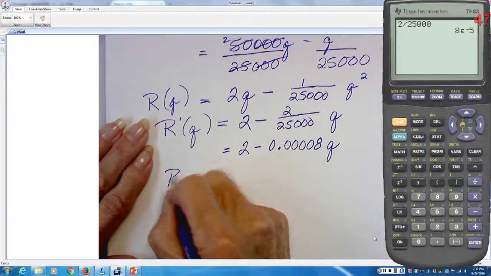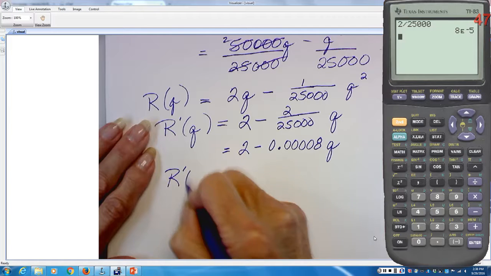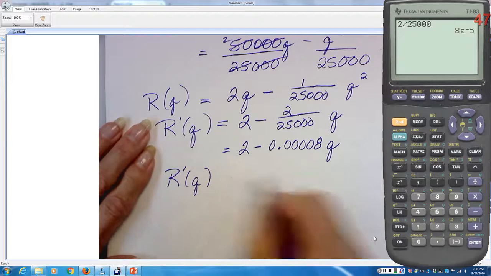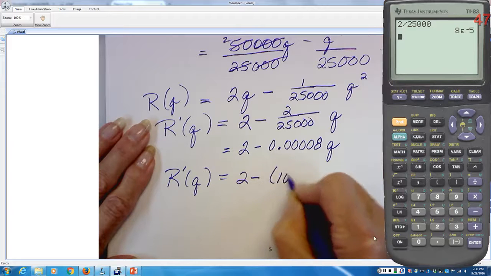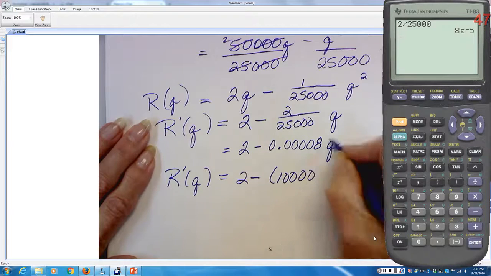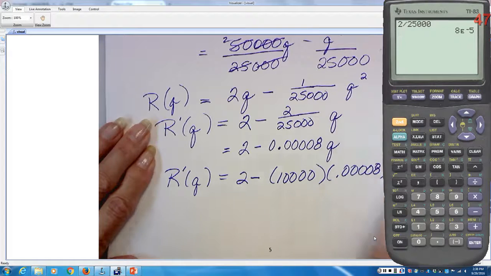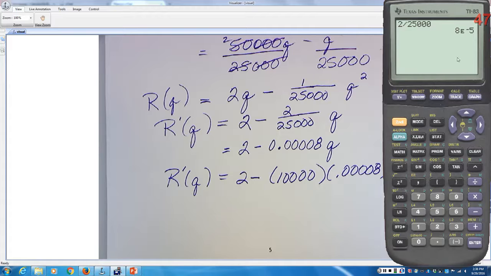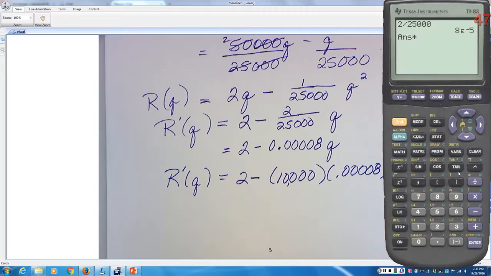So the marginal revenue is 2 minus 10,000, which is the value of Q, times 0.00008. And since I've already got that in my calculator, I'll just multiply that times 10,000. Make sure it is, no, it's 10,000, sorry. I wrote it right and said it wrong.